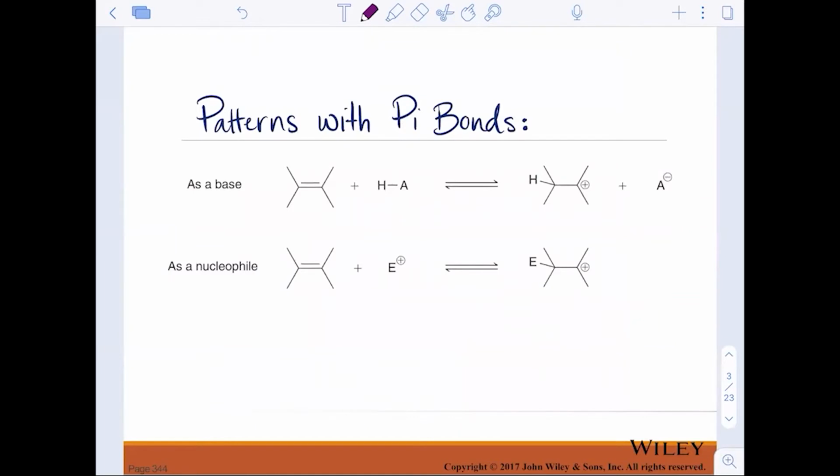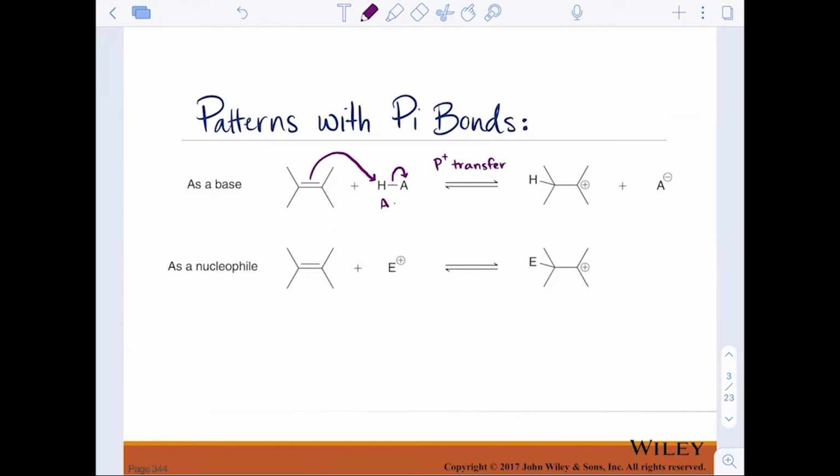So, patterns with pi bonds. What I want to start us off with is just this idea that pi bonds we haven't really worked with yet, maybe resonance, but that's pretty much it. Pi bonds can act as a base and as a nucleophile. It's dependent on what they are attacking. So we can think about them as being a base when we do a proton transfer, and that is usually when the other component with that pi bond is an acid.